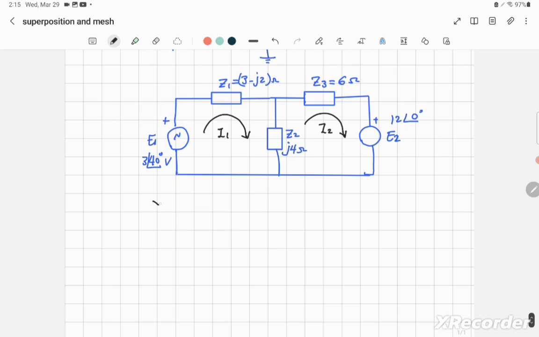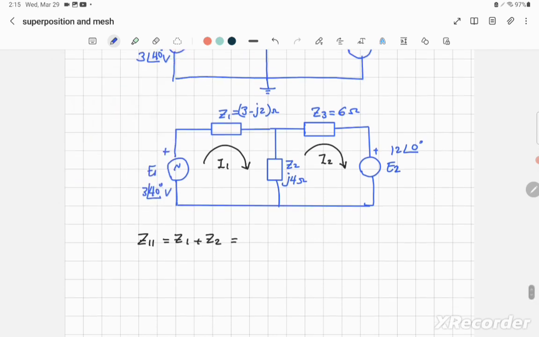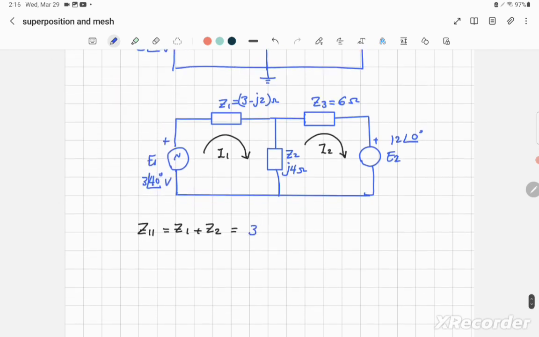So first I find the self-impedance Z11, which is the total impedance in loop 1. I have Z1 and Z2, so I'm just going to add them. Z1 is equal to 3 minus j2, and Z2 is equal to j4.